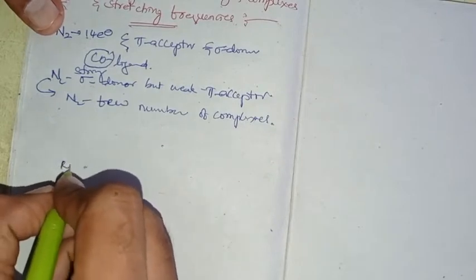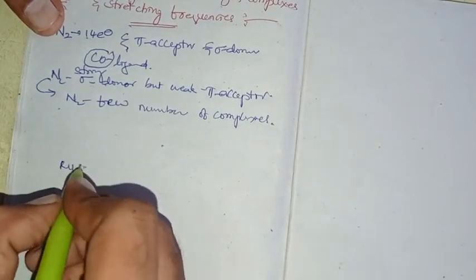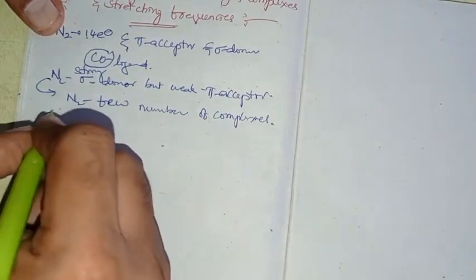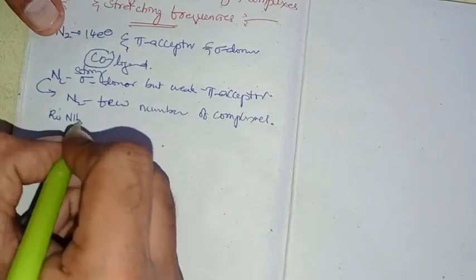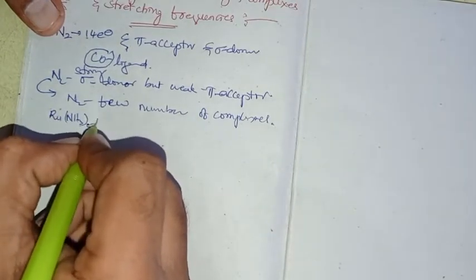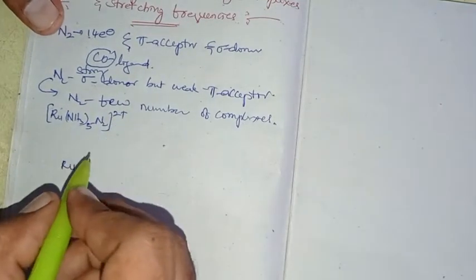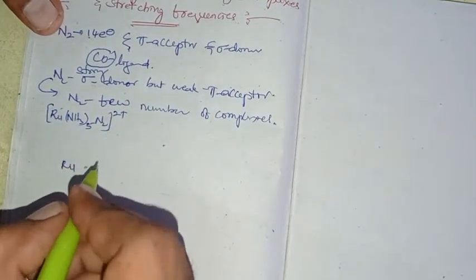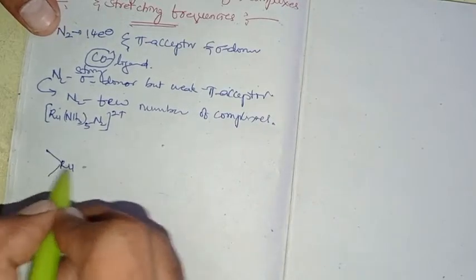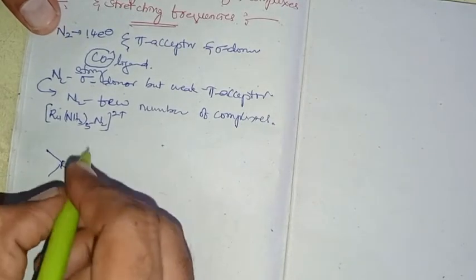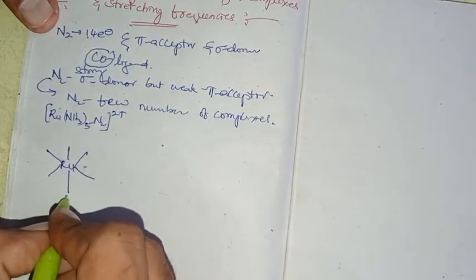So for ruthenium, when it comes to dinitrogen, the pentaamine dinitrogen ruthenium(II) complex is the one where ruthenium exists in octahedral geometry.